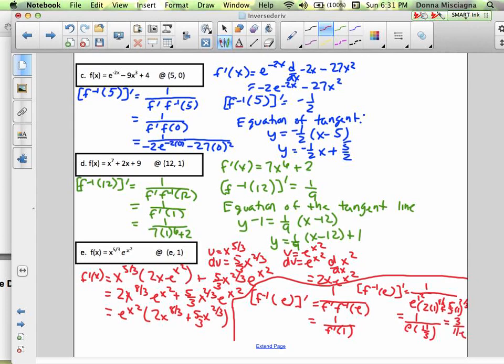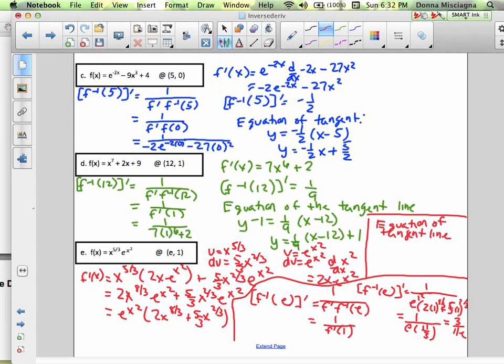There's our slope. Now let's put the equation of the tangent line right here, since we have a little bit of space. It's color coded, so I think it still makes sense.